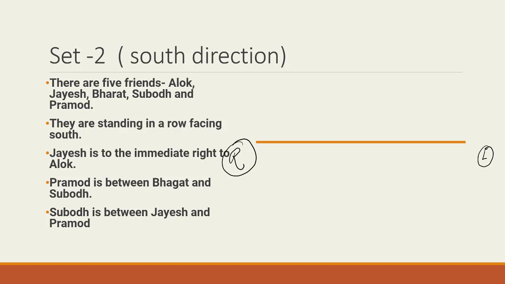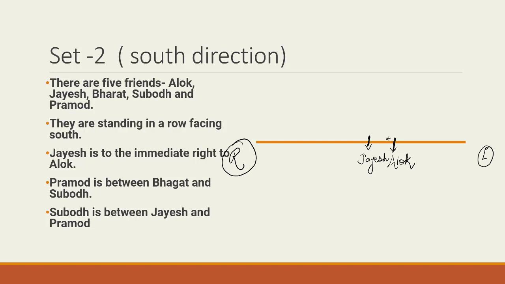Jayesh is to the immediate right of Alok. So I will first place Alok because this is a definite data. So anywhere I will place Alok, and Jayesh is to the immediate right of Alok. Now I have to take care that Alok is a south facing person. His right should be towards this side, and just next to Alok we have Jayesh, because it is being written he is to the immediate right of Alok.